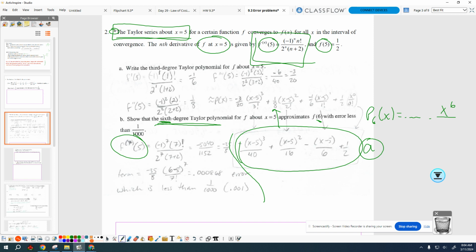We asked for 30 degrees, but here it says 6 degrees. So what is the degree of 6?